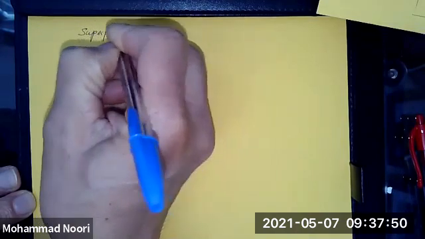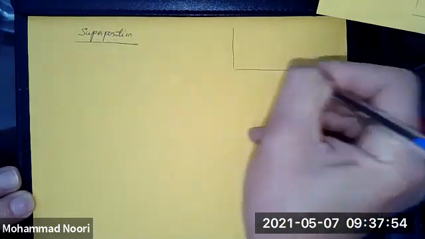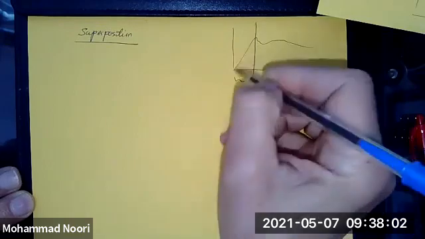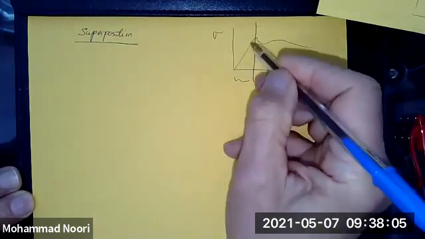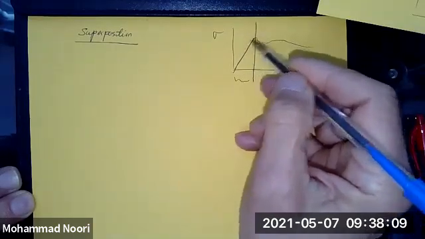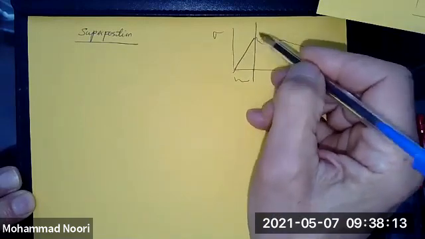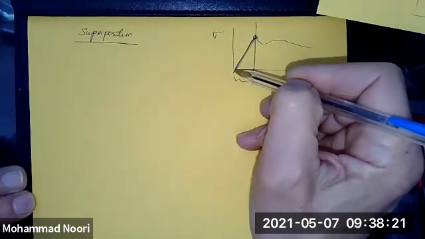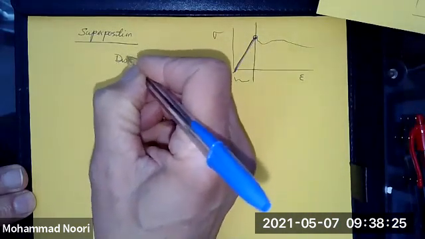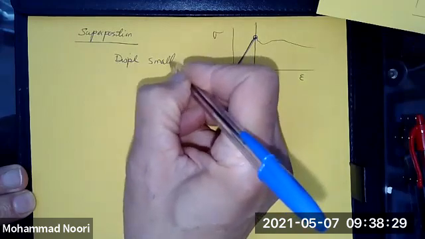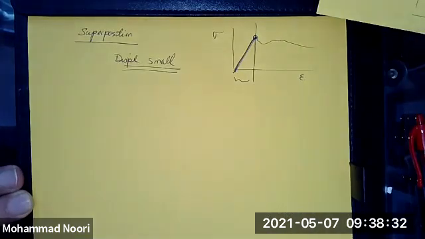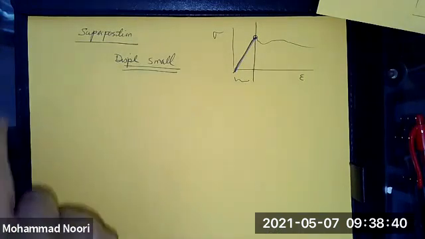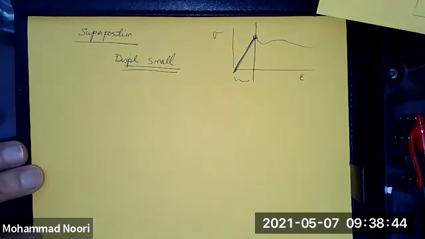superposition. You remember that from strength of materials, right? If you're dealing with only the linear part of the stress-strain diagram, in other words, the forcing is not heavy enough that you have reached a yield point, so these materials behave linearly, or you're within this range, or when the displacement is very, very small, which is what we are studying in this course, mechanical vibrations, then the effect of several forces acting on a system is the sum of the effects of each individual one.